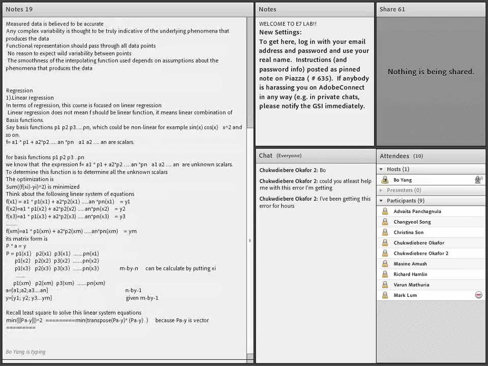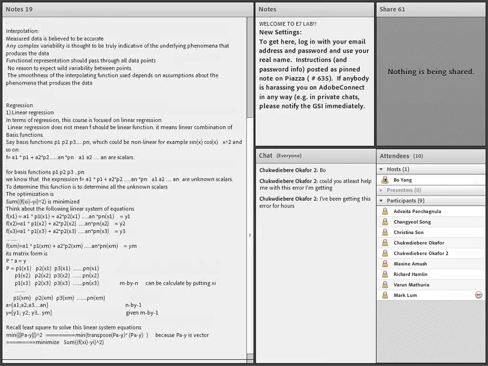The above minimization is also equivalent to minimizing the sum of the square of f(xi) minus yi. If we expand this, transpose of (PA minus y) multiplied by (PA minus y), we can see these two minimizations are equivalent.